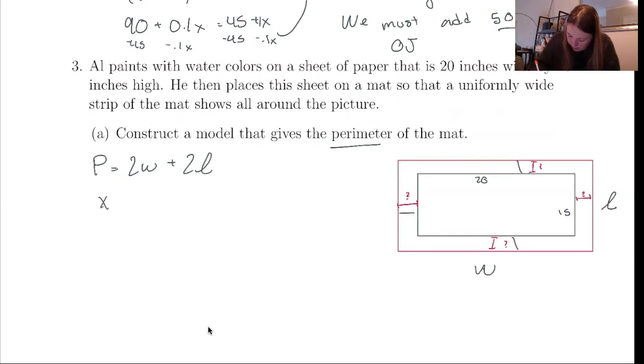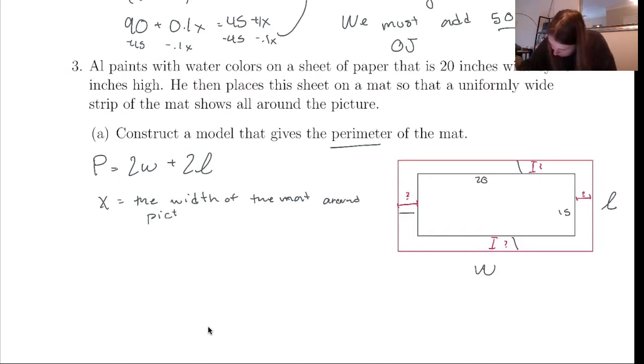So let's call X the width of the mat around the picture. So like this would be X, right?